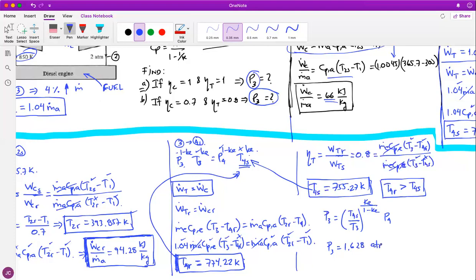1.628 atmospheres. So when you have two imperfect machines, it seems that the pressure that you need to put out in order to feed the turbine so it can feed a compressor, so that you can have a turbocharger, you need to increase the pressure the less efficient these machines are.